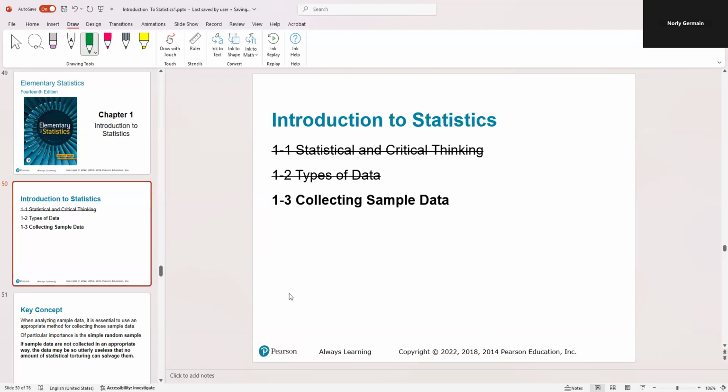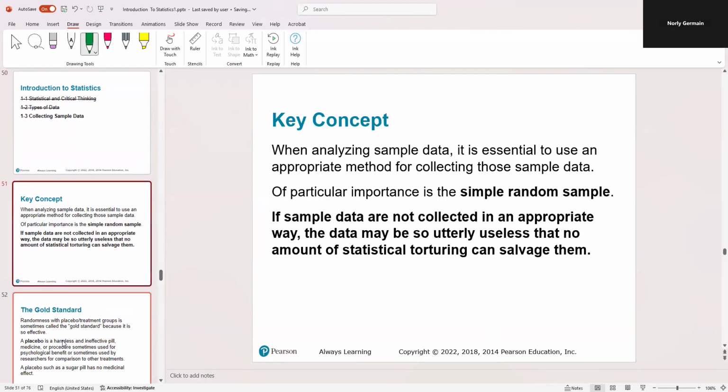But in this section, we will emphasize more on the collection of sample data. So, as a key concept, when we're analyzing sample data, it is essential to use appropriate methods for collecting those sample data. This section includes comments about various methods and sampling procedures.